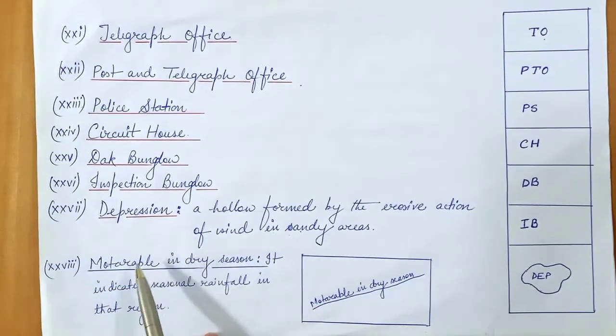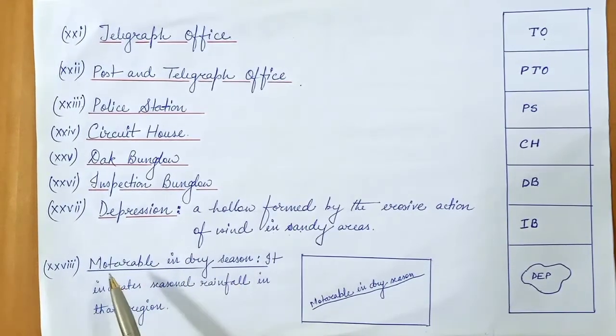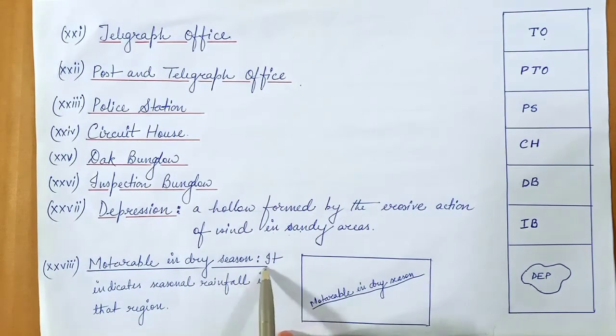Apart from all this, you will find in a topographical map often written over a cart track, motorable in dry season. So the cart track is motorable means only the motor vehicles can move over it in the dry season. This indicates seasonal rainfall in that region.